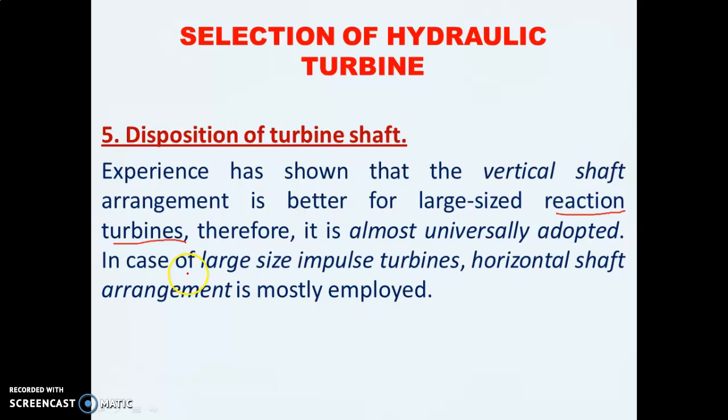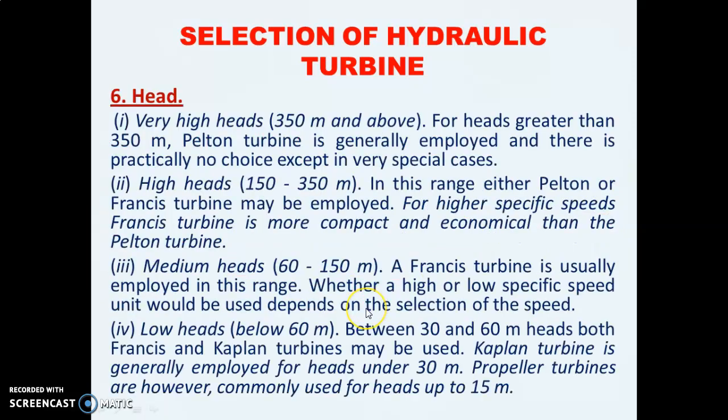Secondly, in case of large size impulse turbines, that is Pelton wheel turbine, horizontal shaft arrangement is mostly used. In large size reaction turbine, vertical shaft arrangement is used. You have to know the difference.